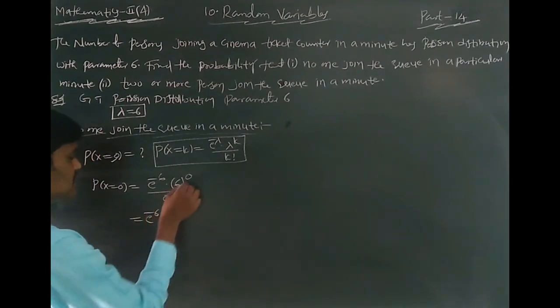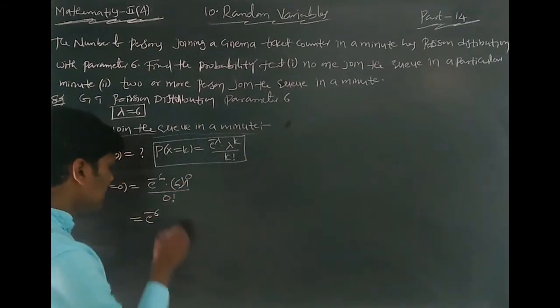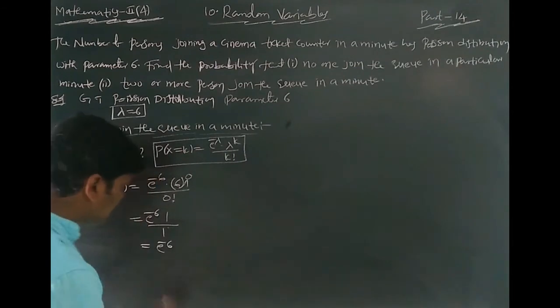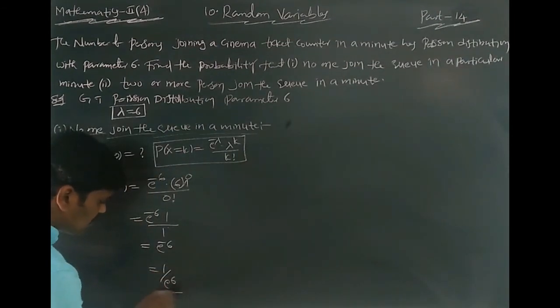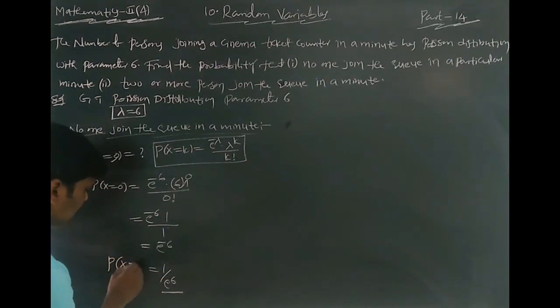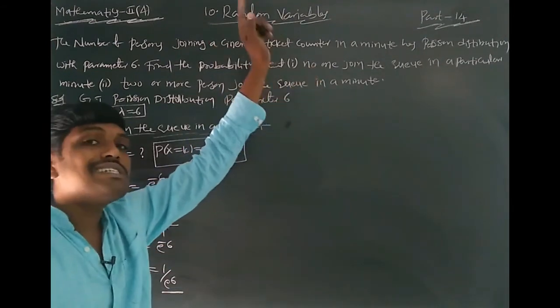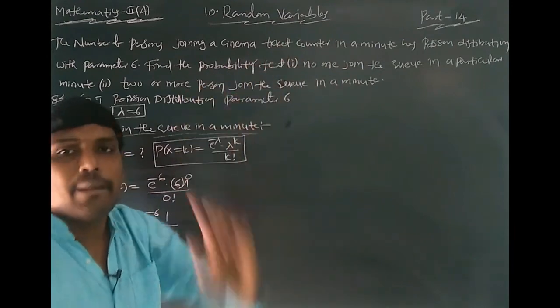Something power 0 means 1, and 0 factorial value is also 1. So you can write e power minus 6 by 1, which is e power minus 6, that is 1 by e power 6. This is the probability that no one joins the queue in a minute.